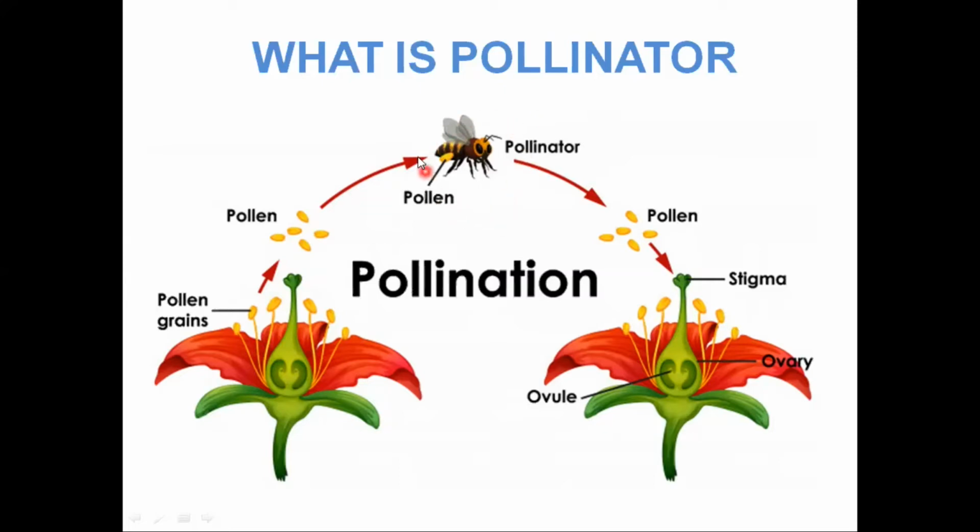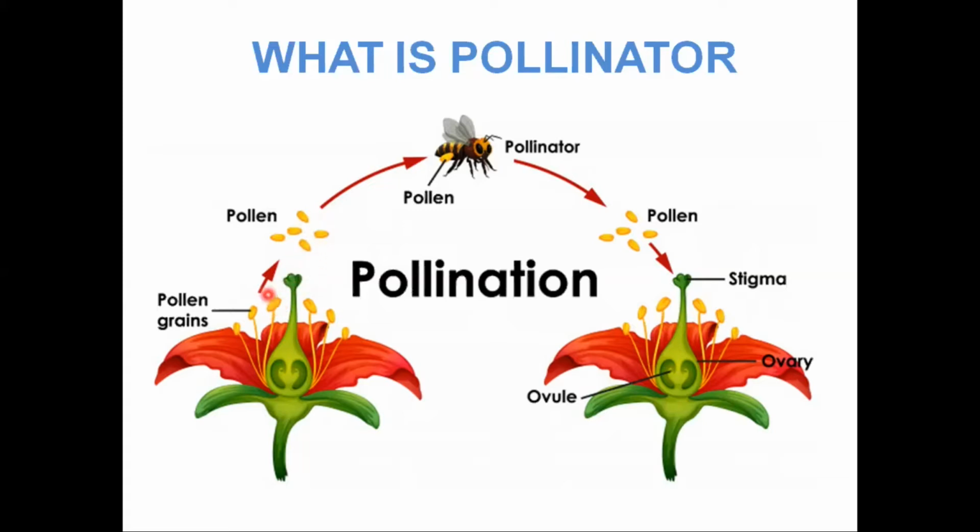Pollinators are animals which transfer pollen grains from the anther to the stigma of another flower for pollination. But how? They are not deciding to transfer the pollen grain. It happens accidentally. When they fly in search of food, they sit on the flower.